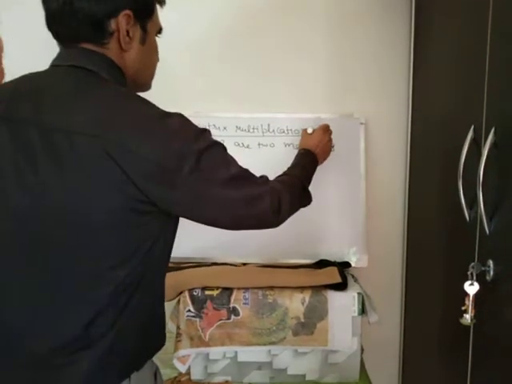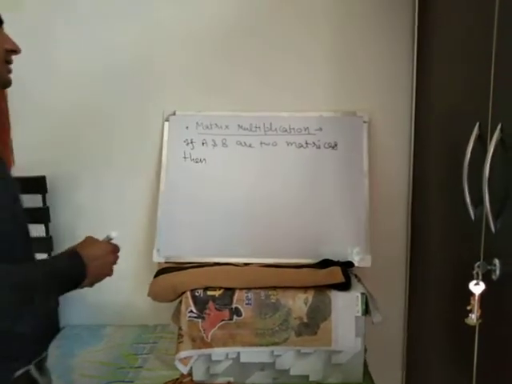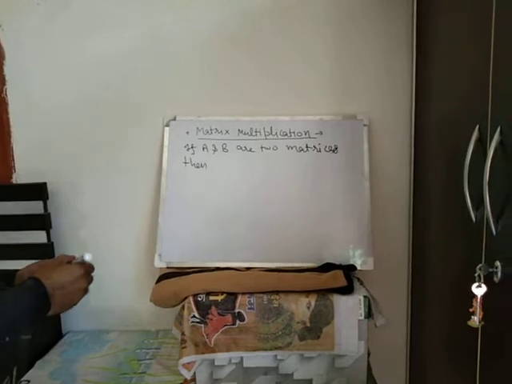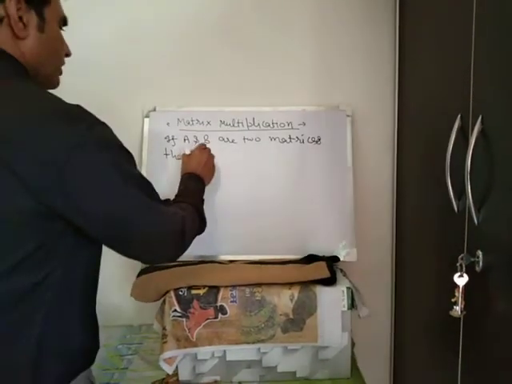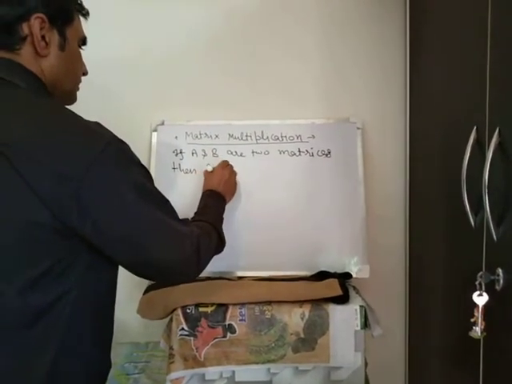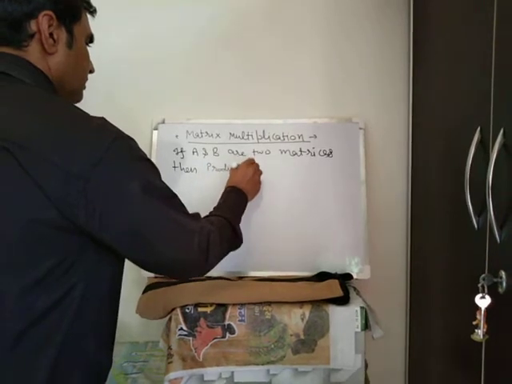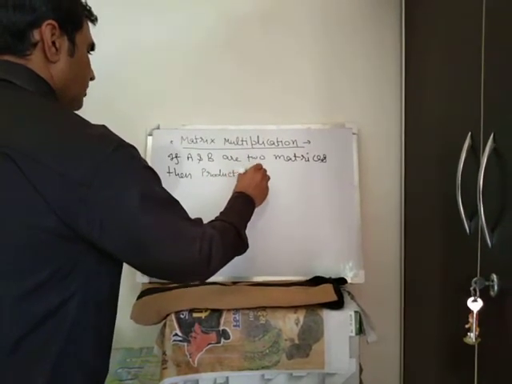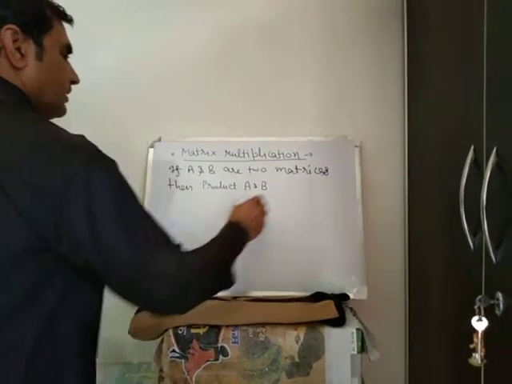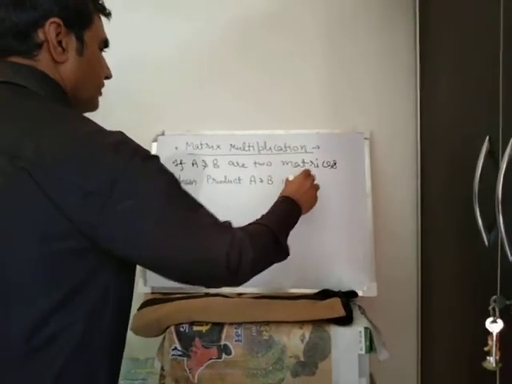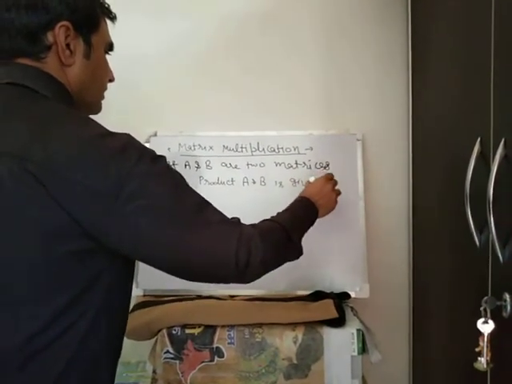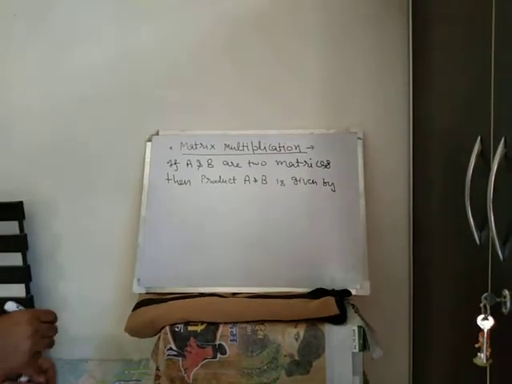So students, we will learn matrix multiplication today. If A and B are two matrices, then the product of A and B is given by not an ordinary way.